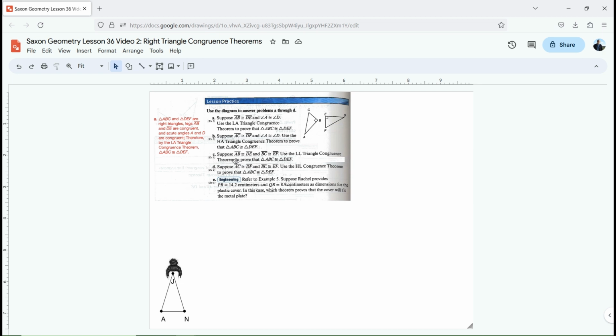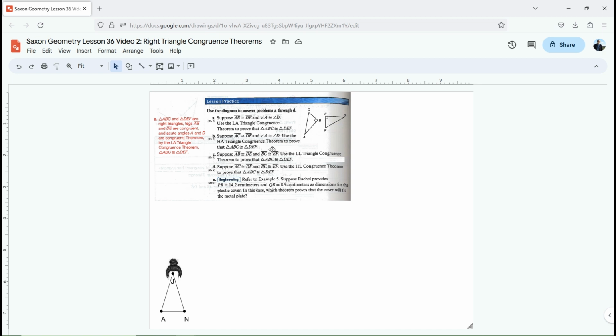All right, let's continue. Suppose AB is congruent to DE and BC is congruent to EF. Same thing. I would start off the same way. Angles B and E are right angles. Triangle ABC and triangle DEF are right triangles by the definition of right triangles. Then I would say that AB is congruent to DE, given.